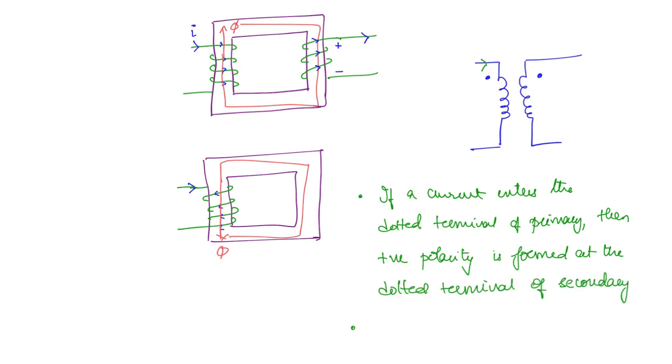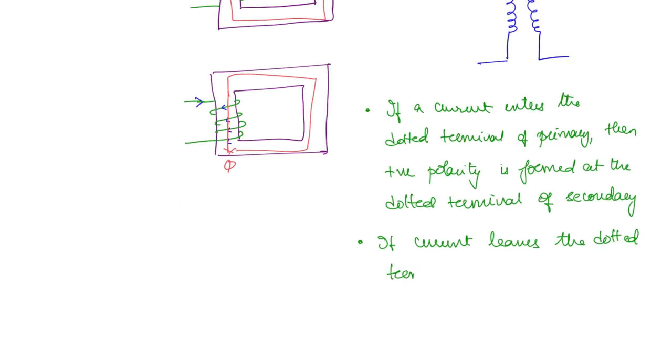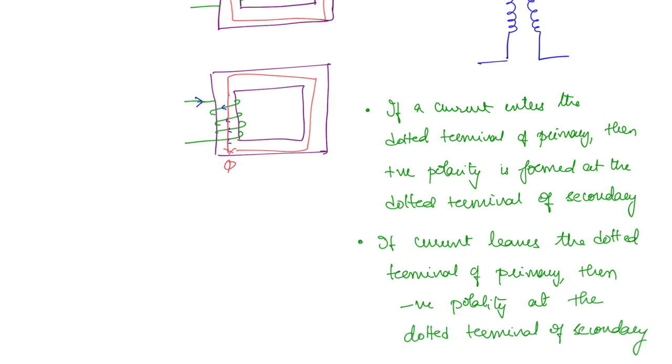And if the current leaves the dotted terminal of the primary, then negative polarity is formed at the dotted terminal of the secondary. Okay, so this is the dot convention.